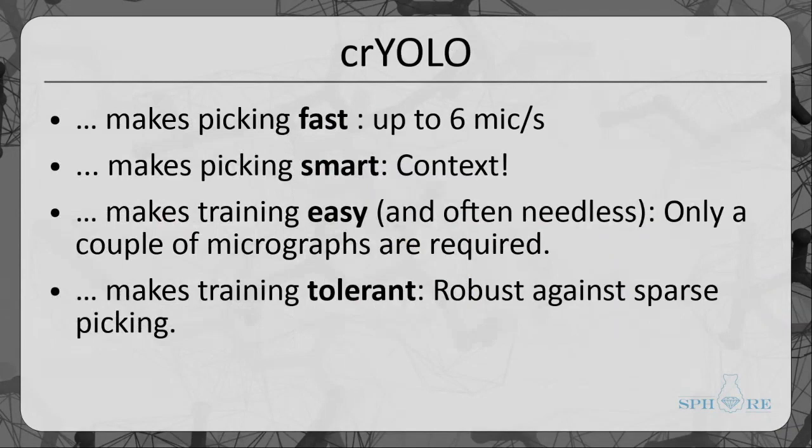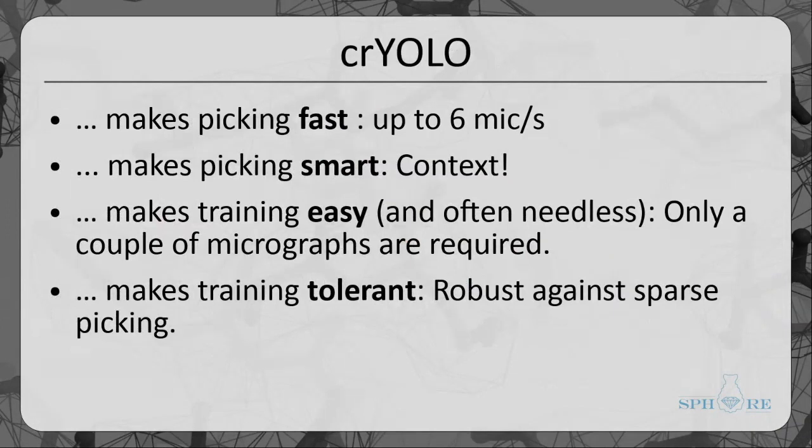Good. To summarize, crYOLO makes picking fast. Up to 6 micrographs per second is possible. It's smart because it always sees the context, the complete micrograph where your particle is embedded. It's easy because you only need a couple of micrographs to train crYOLO.